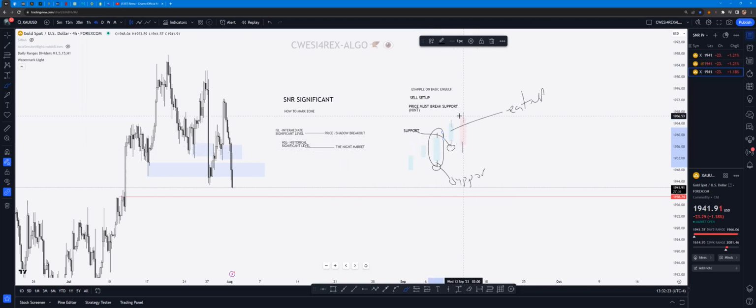This candle needs to break this one fully. We are going to look at two different scenarios, either this one or this one.